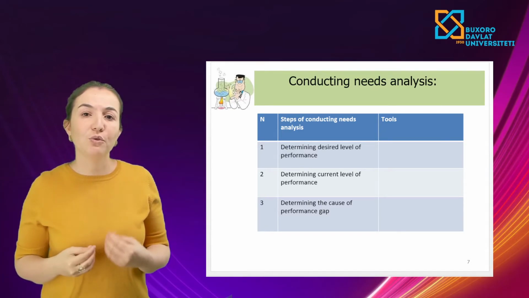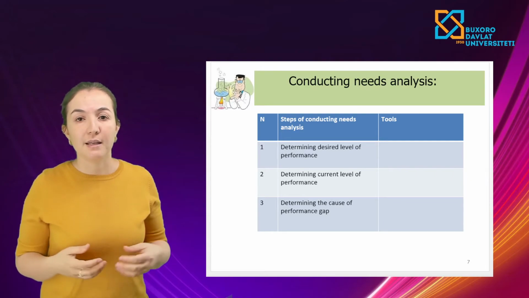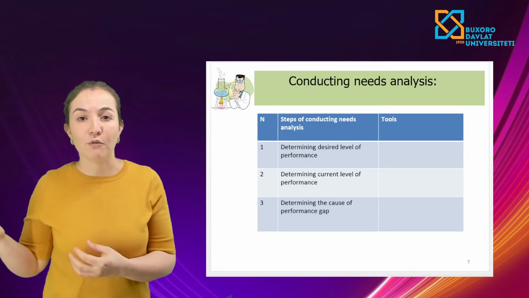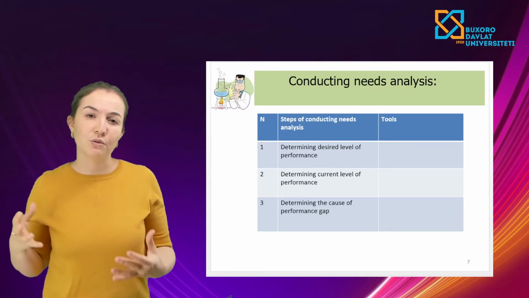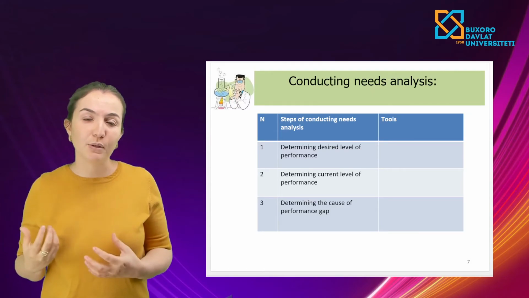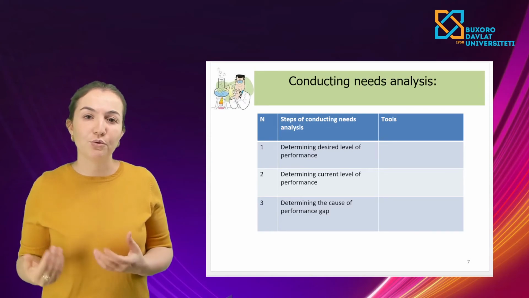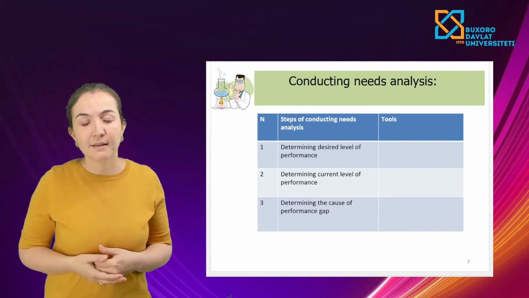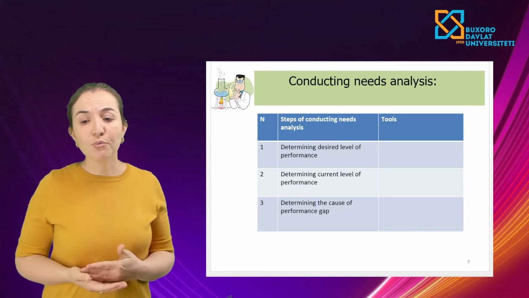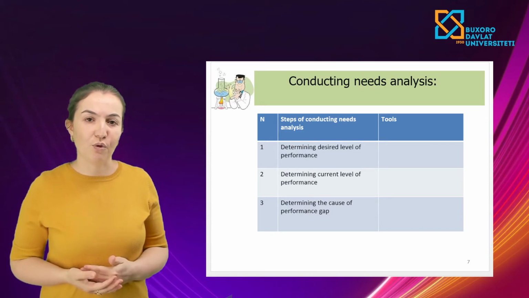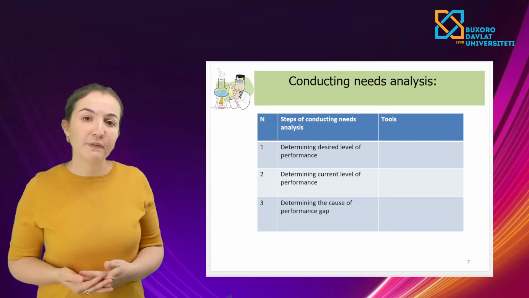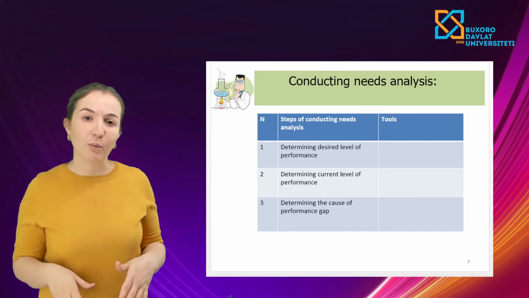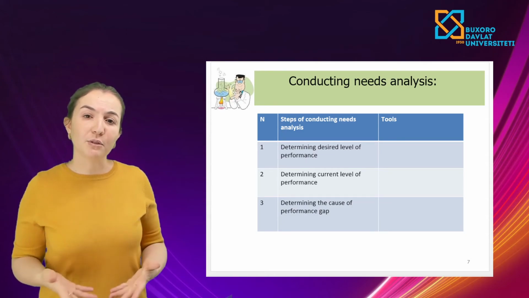First of all, you should determine your desired level of performance, what you want your learners to be able to do, to produce or to perform. And only the next step is determining the current level of performance. You should identify what your learners' level is now, what they are able to do now.